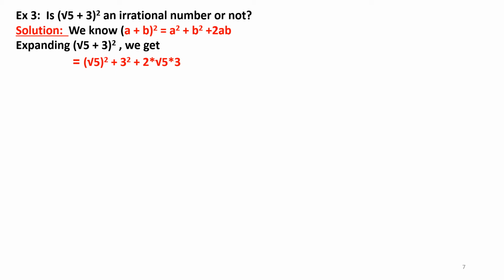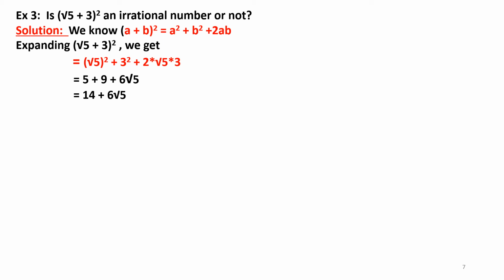Now root 5 square is 5, 3 square is 9. Here 2 into root 5 into 3 will become 6 root 5. Further we can add 9 and 5, 14 plus 6 root 5. Here further we cannot add.